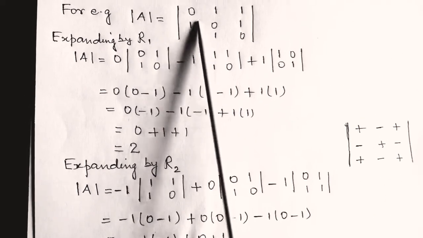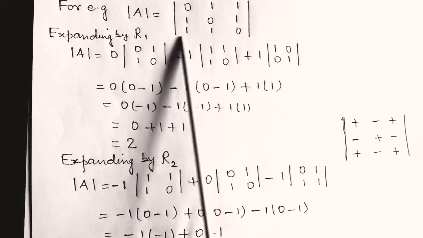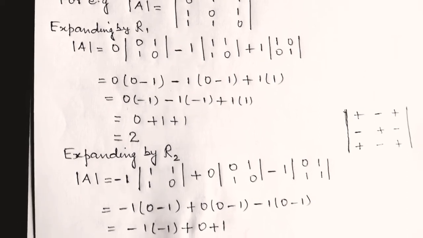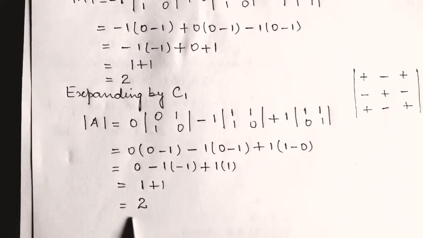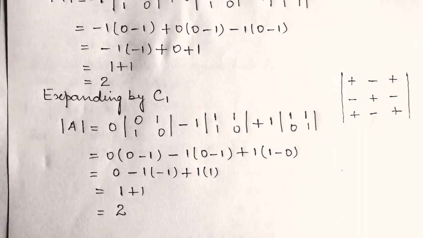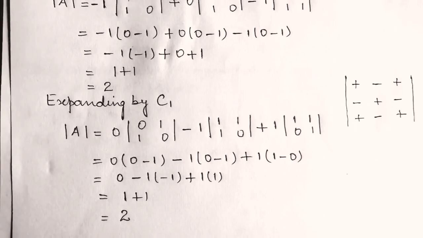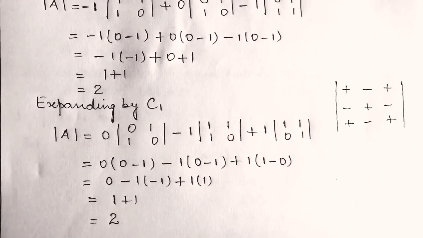So minus 1, this is the element, multiplied by its minor, and finally the third element has a plus sign, so plus 1 into its minor. If you simplify, you will again get the same value, that is 2. I repeat, we can find the value of a determinant by expanding it by either rows or columns, and you have to expand it only from one of them.